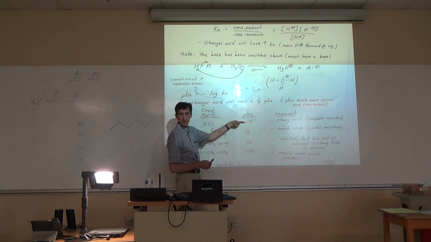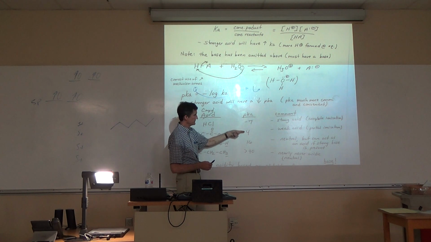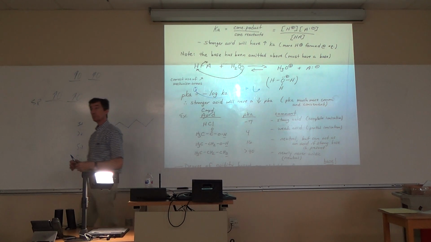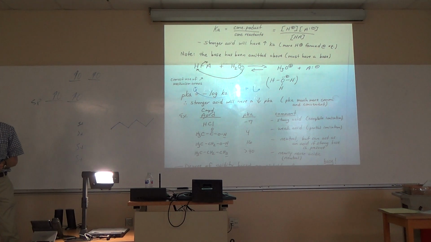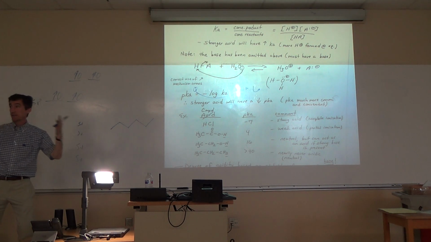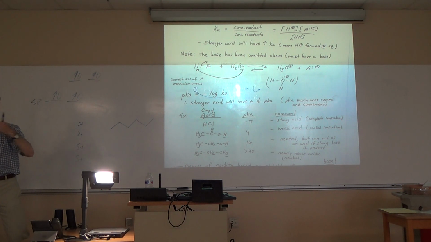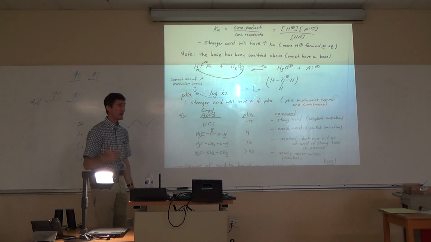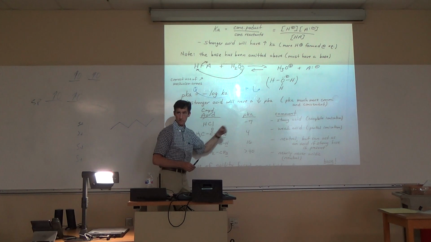Not as strong as HCl. Considered a weak acid. You put it in water, it only partially ionizes. That is, you have a dynamic equilibrium where some is ionized and some is not, and that equilibrium is described by the pKa of 4.